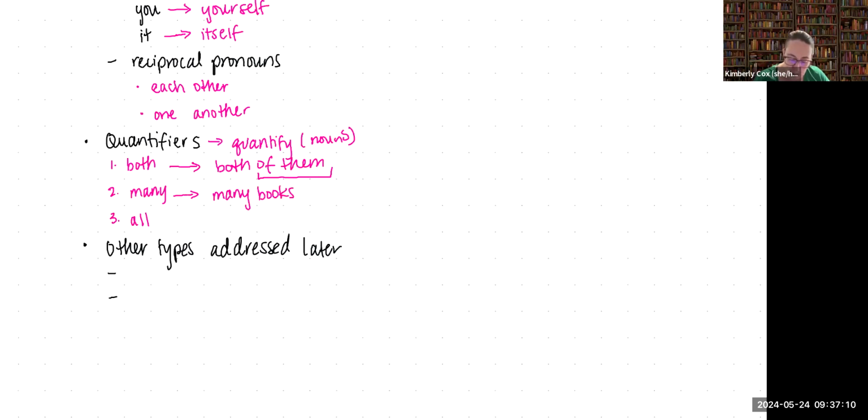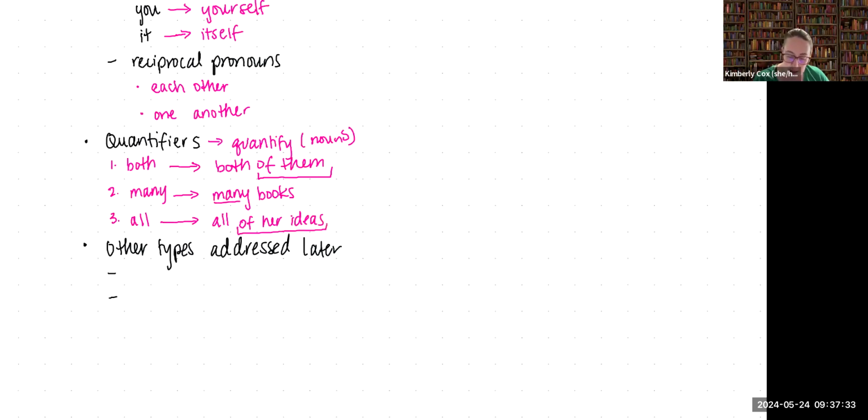Whereas here, many is filling the role of a determiner. We might say all of her ideas, right? Where once again, it's functioning like both does.